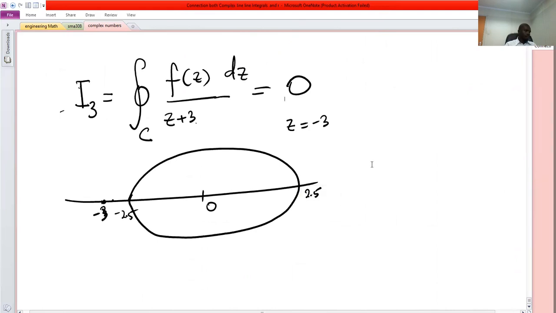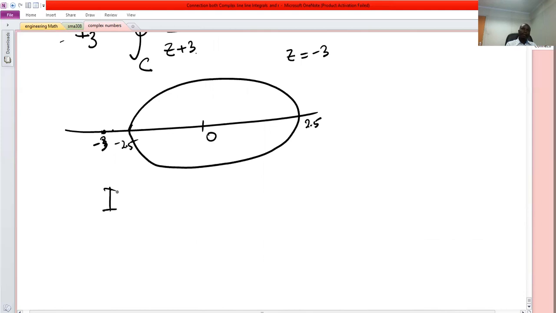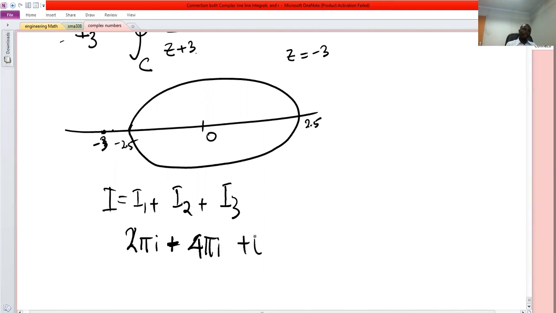So that gives us I equals I1 plus I2 plus I3. So it should be 2 pi i plus minus 4 pi i plus 0, which gives us minus 2 pi i, because this will be plus now.